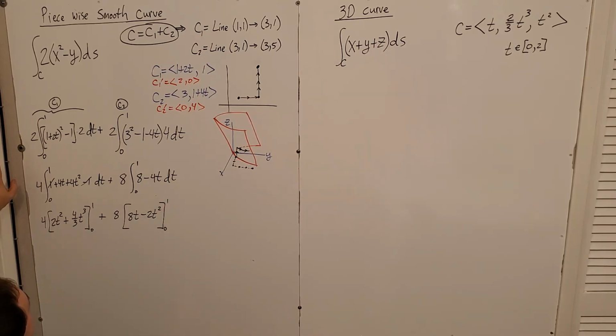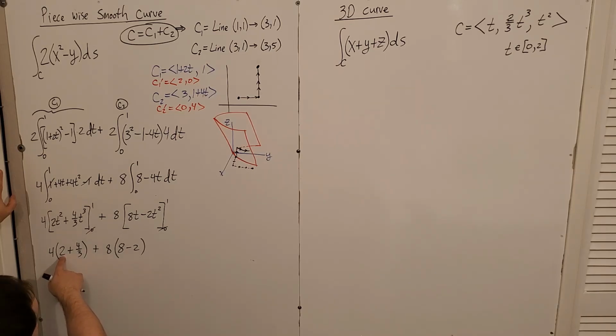Okay. Both of these instances, if you plug in 0, everything zeroes out, so I'm not worried about any of those zeros. And I've got 4 times, plugging in 1 just gives me 2 plus 4 thirds. Here, 8 times, plugging in 1 gets me 8 minus 2. Okay.